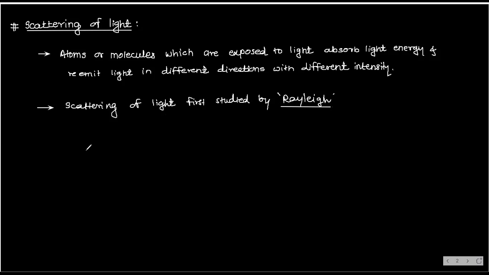And according to Rayleigh, a = A V / (r λ²). What is this A, V, r and λ²?